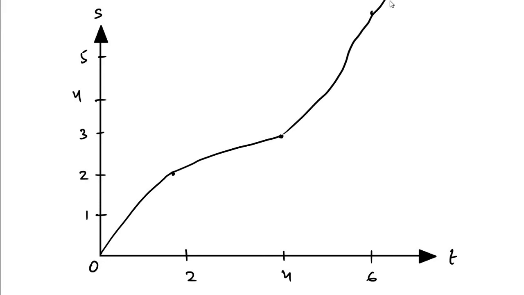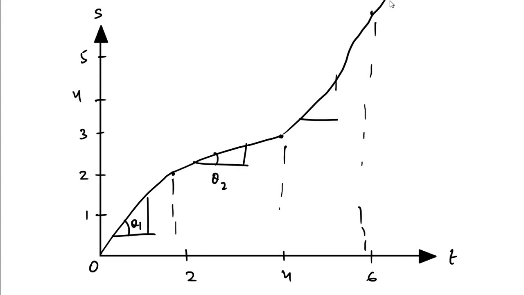it is not uniform, it is not a straight line, and here the slope of this line at each particular interval, let us say, it is changing. Here the slope is something theta 1, let us say, here the slope is something theta 2, here also the slope is something else, it is changing.